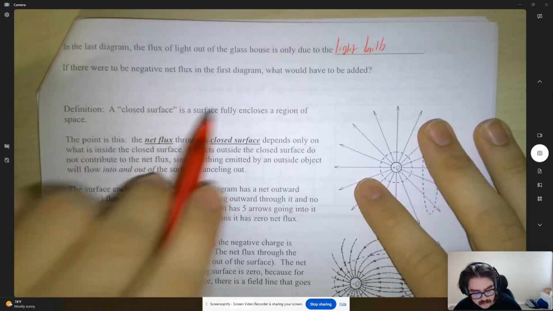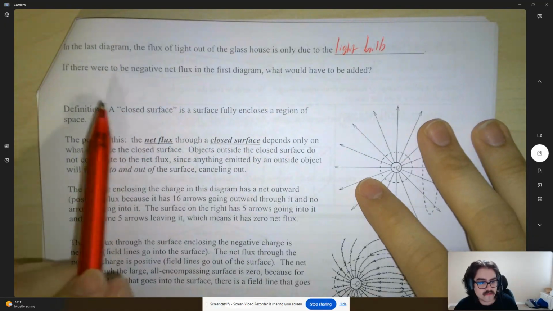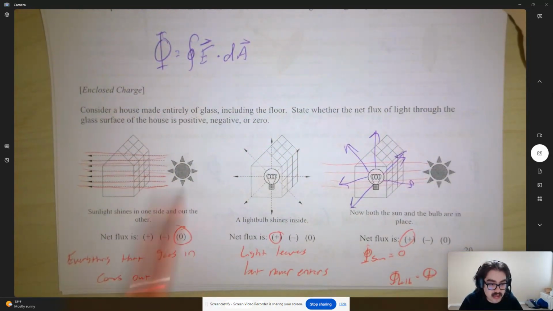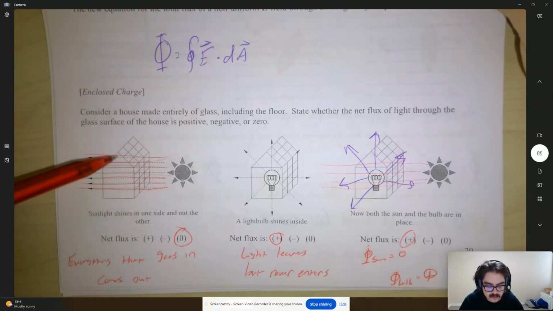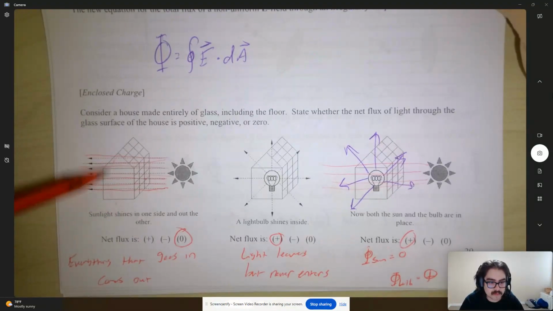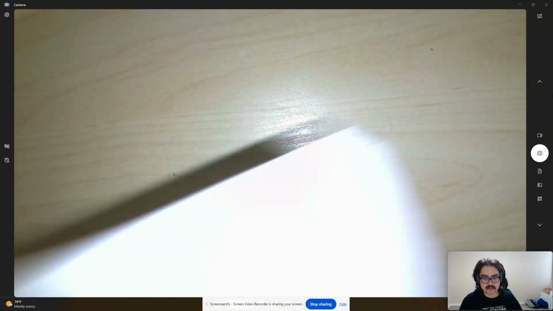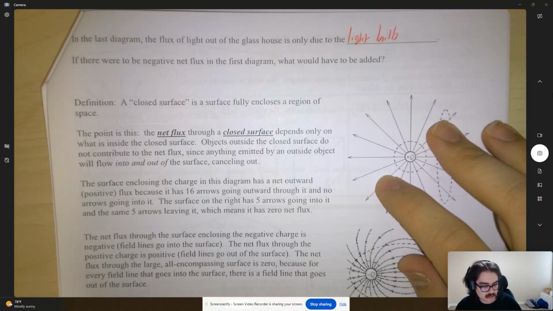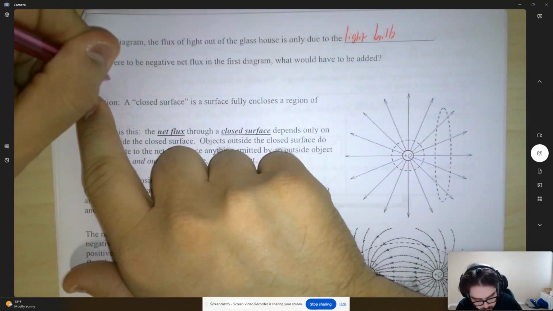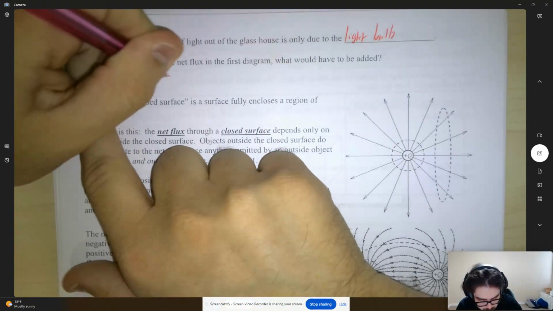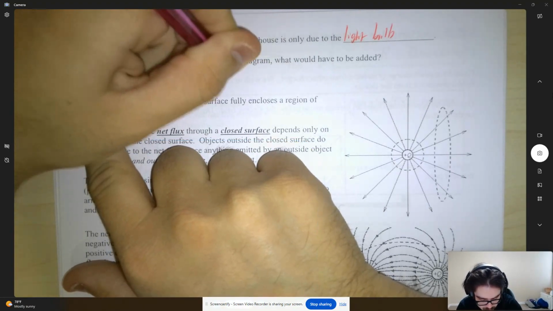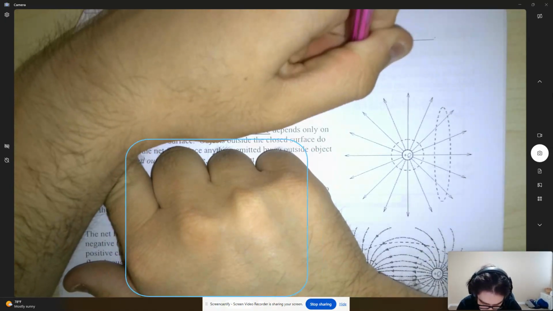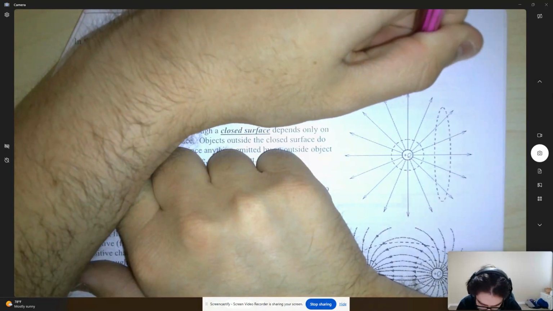If there were to be negative net flux in the first diagram, what would have to be added? Well, if we wanted to have negative net flux, we would need to have the light enter the house and never leave. So maybe we could put a piece of paper or something to block the sunlight from leaving the house, something to catch the sunlight so it doesn't leave.